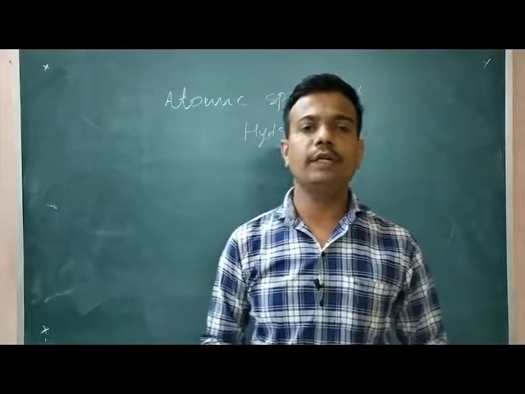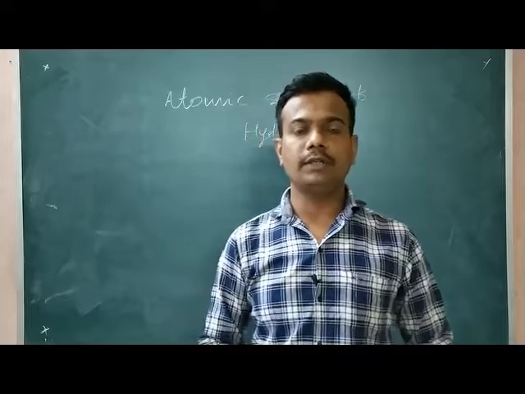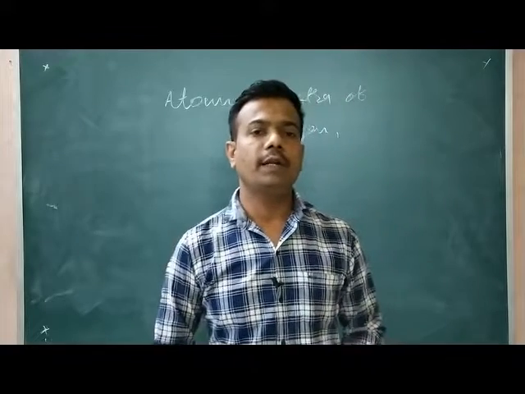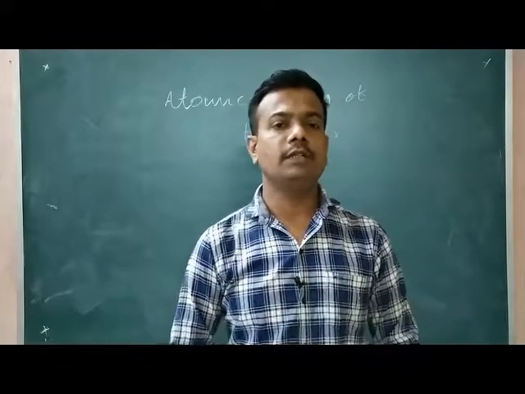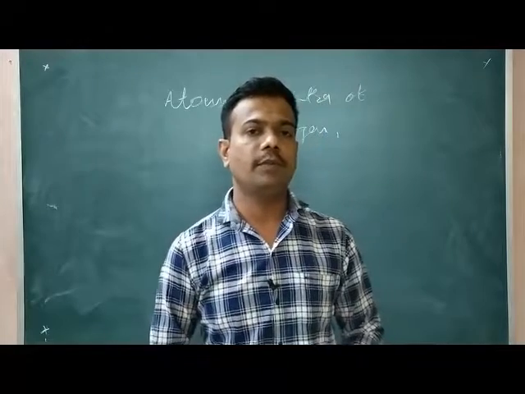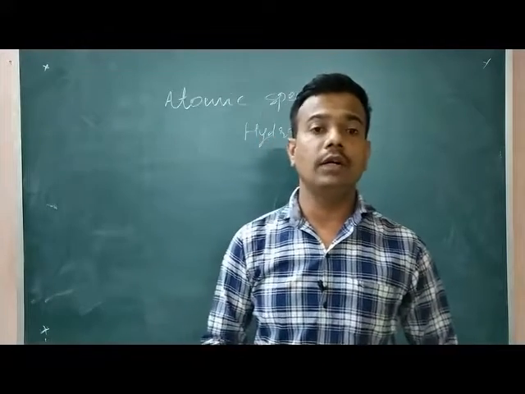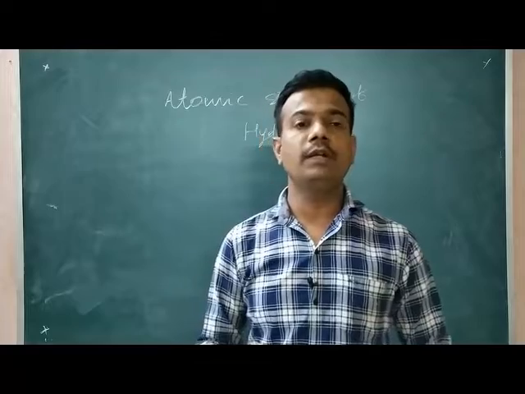Before discussing atomic spectra, we have to discuss Bohr's atomic model. There are different atomic models: Dalton's atomic model, J.J. Thomson's atomic model, and Rutherford's atomic model, which is actually a nuclear model.